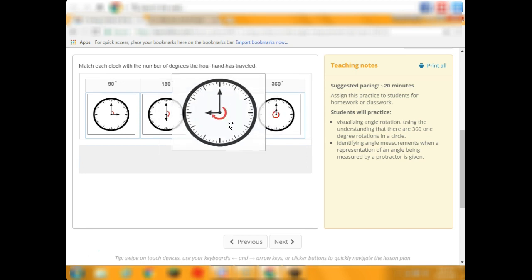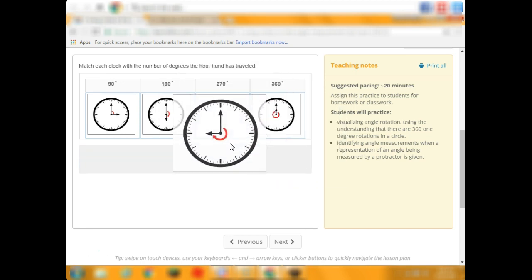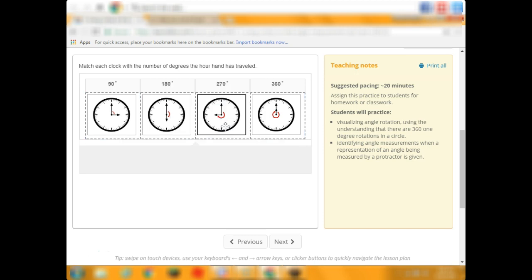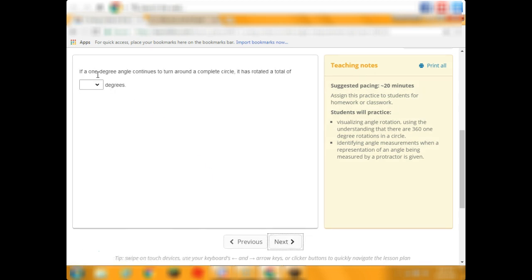So we know that it's 270 because 90 plus 90 plus 90 equals 270, and it's turned all the way. If a 1-degree angle continues to turn around in a complete circle, it has rotated a total of 360 degrees.